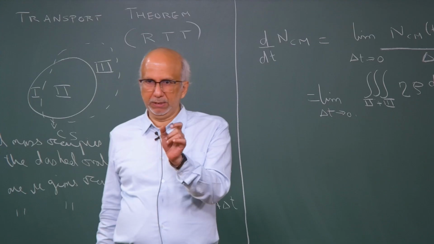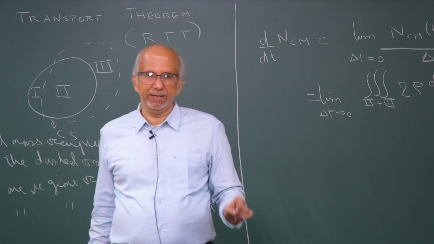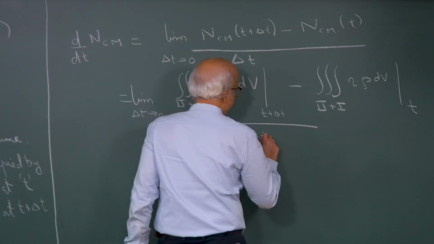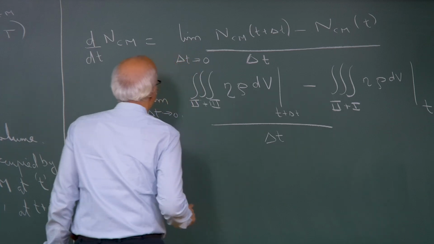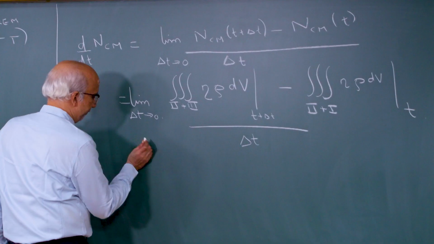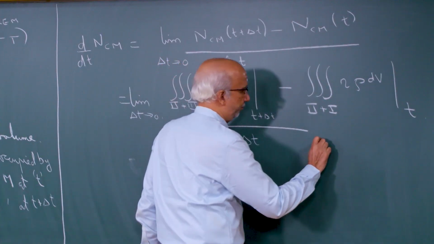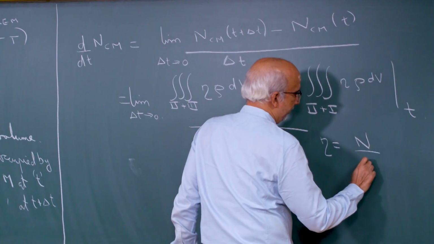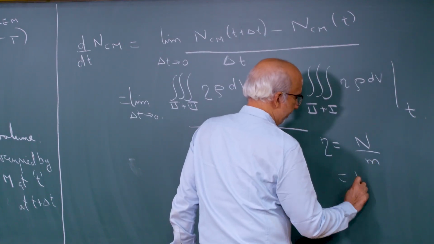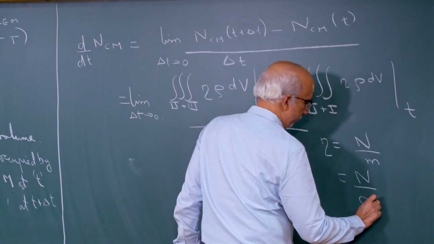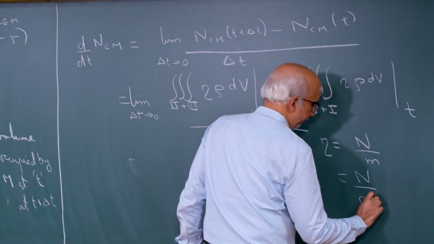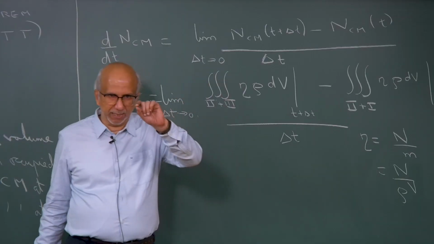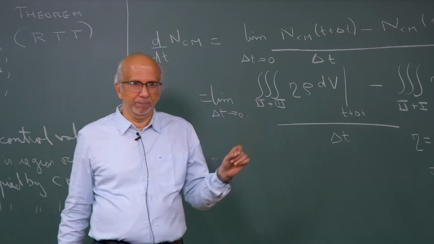So, rho multiplied by dV is my mass, and so dN, okay, I will come to that later, this is divided by delta t, and this I write as eta, remember, is N divided by mass, and because I am integrating it over the volume, because I can have changes in density, changes in eta everywhere, I am integrating it over.